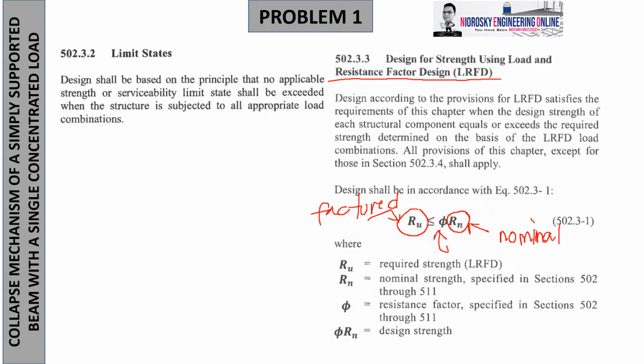So we're going to appreciate due to bending because we need to understand reduction factors. Okay, reduction factor. Now under this statement, we need to understand ano ba yung mga value ng reduction factor para ma-correlate natin sa ultimate, which is under factored R sub U, and R sub n, which is under nominal.